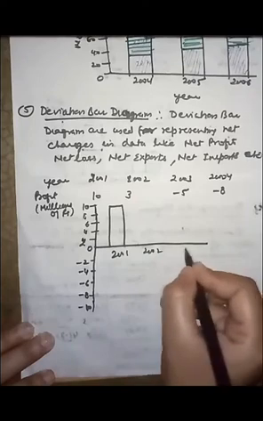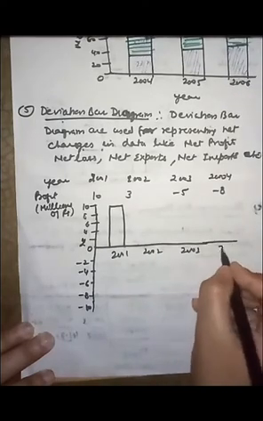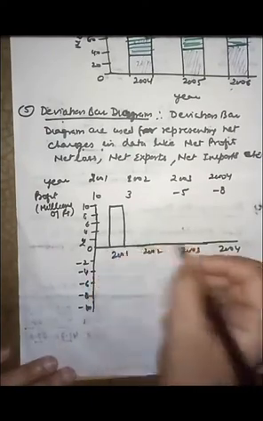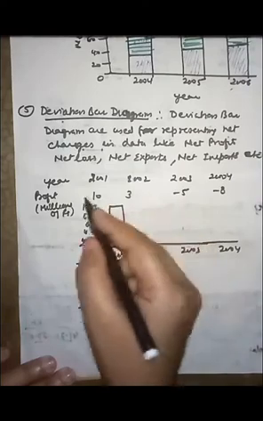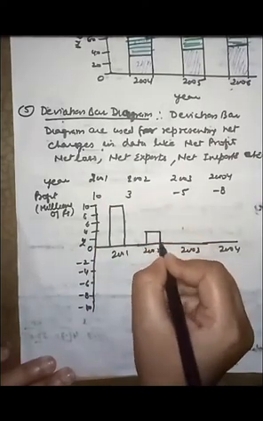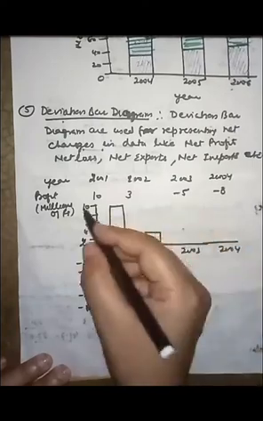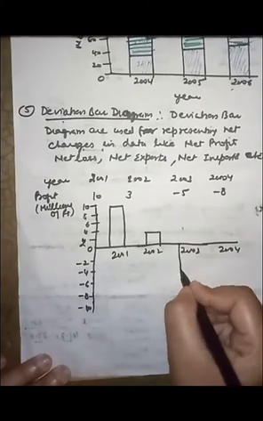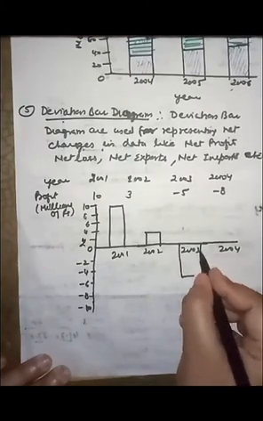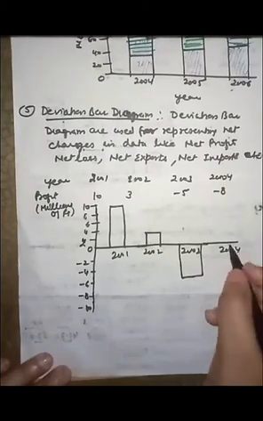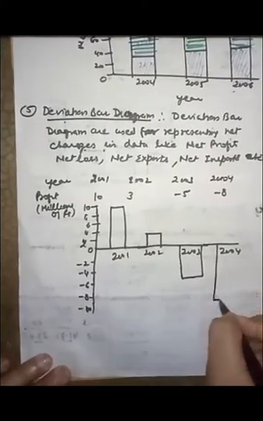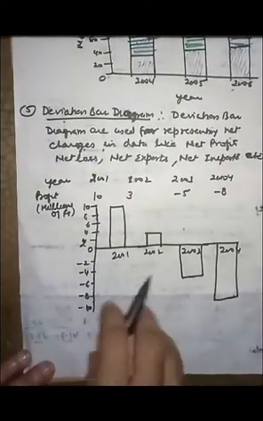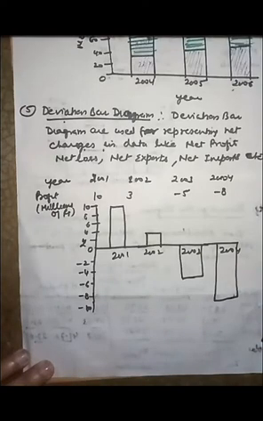So this is 2001, this is 2002, this is 2003, and this is 2004. Show the year on the baseline. Now this is 2002, so here is 3, so you can take this bar. Now in this you have to take -5, so -5 is taken downward, and -8, so you can take the -8.